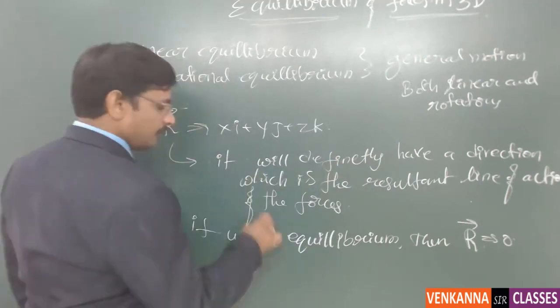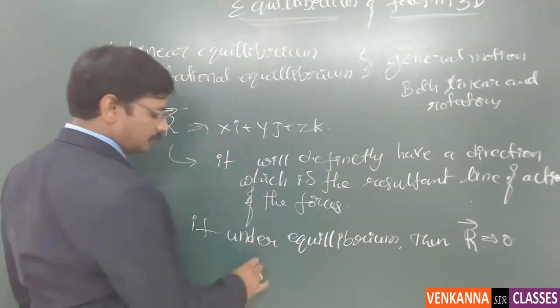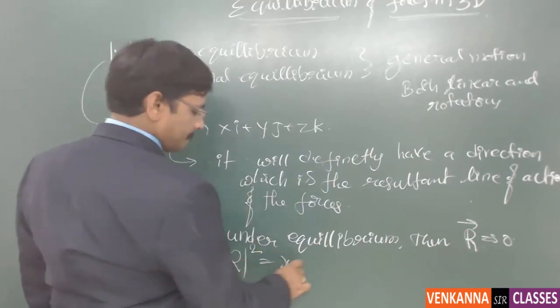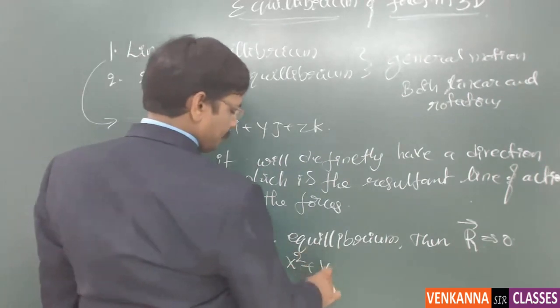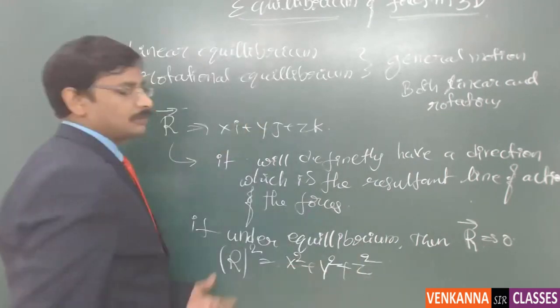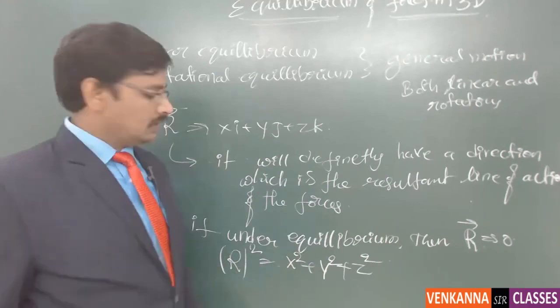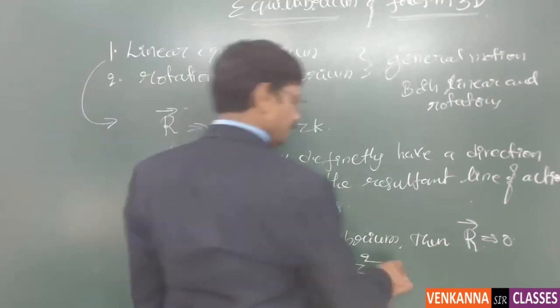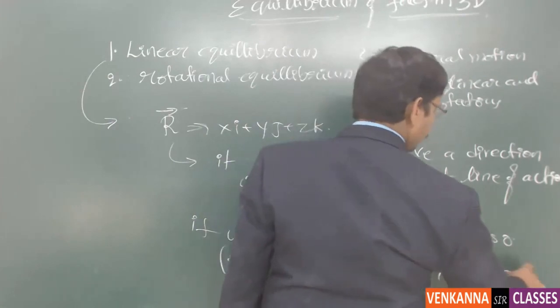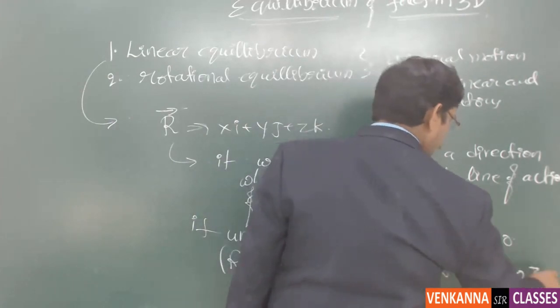Now if R is equal to 0, that is possible only if x square plus y square plus z square, which is the square of the magnitude of this vector, is equal to 0. Then the only possible condition is x equal to 0, y equal to 0, and z equal to 0.